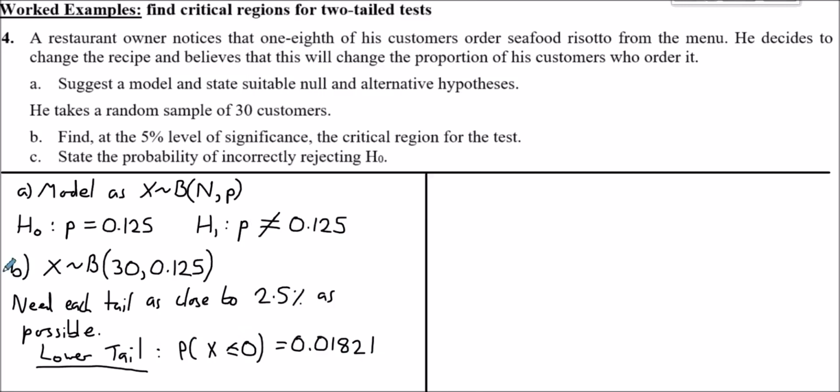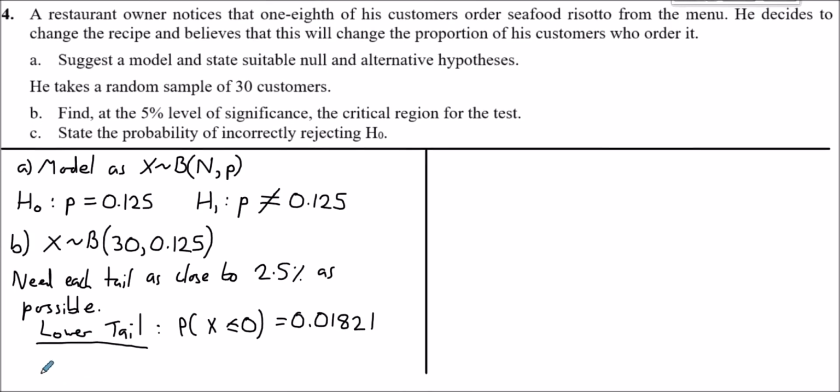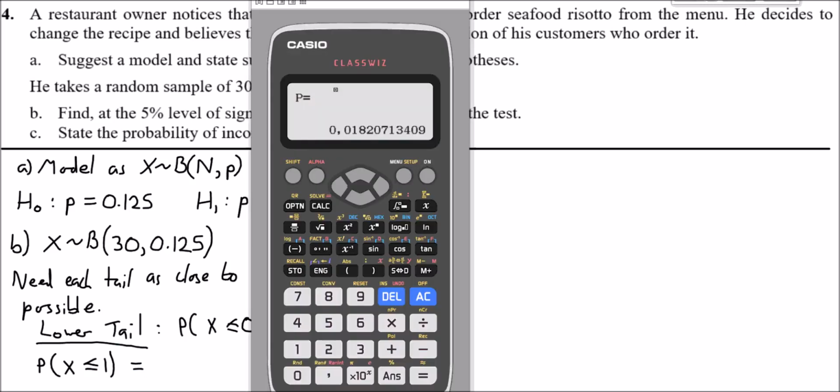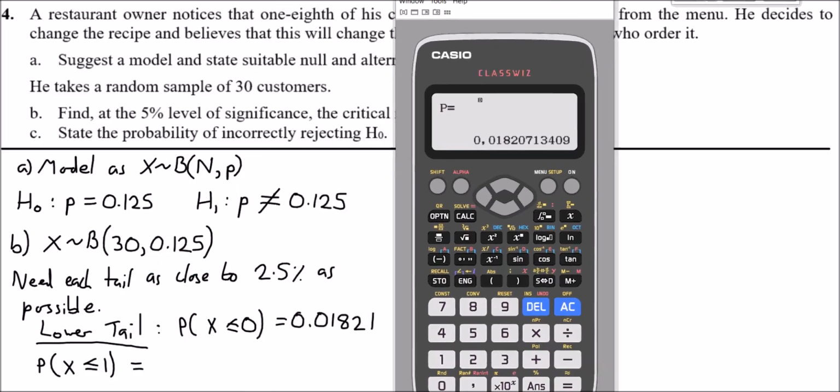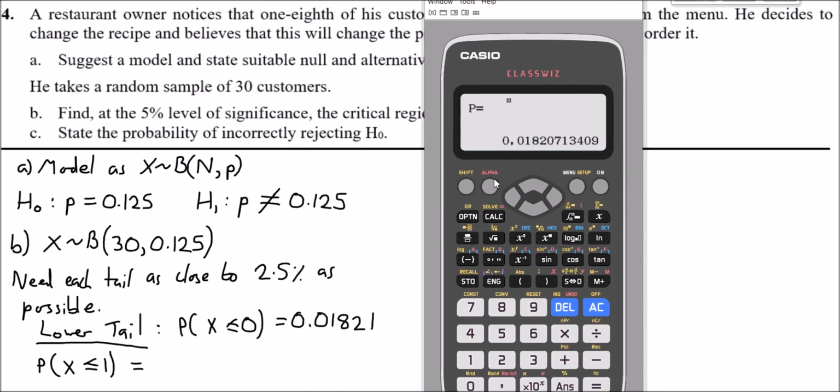Whereas the probability of x being up to and including 1, basically 1 or 0, let's see how that compares. Remember, we want up to about 2.5%, or as close to 2.5% in each tail as we can. So that's about 1.8%. Let's try the value 1.